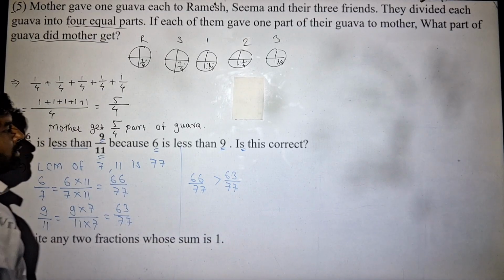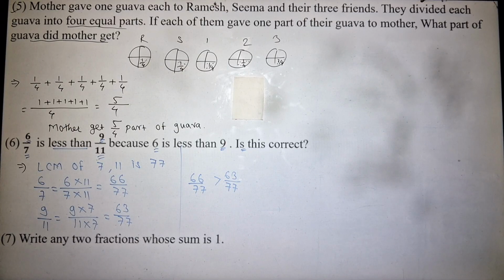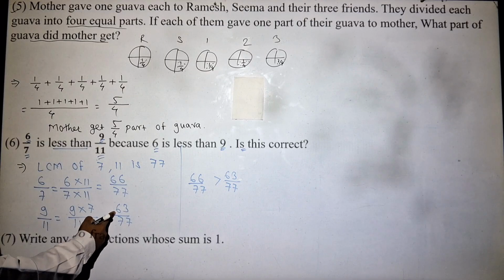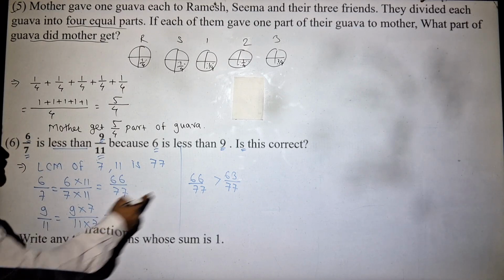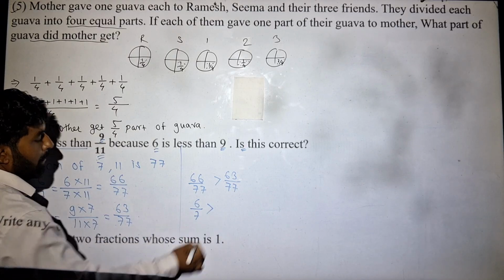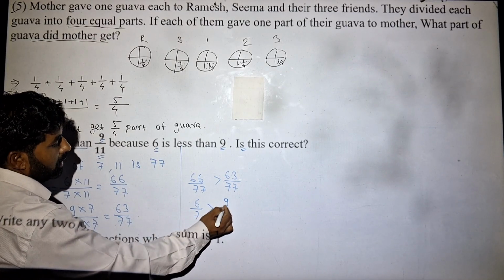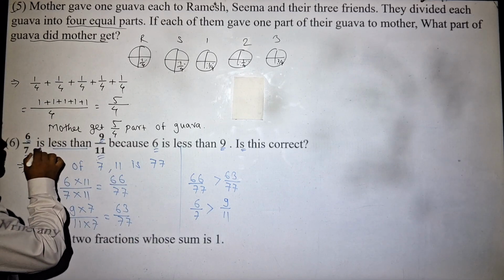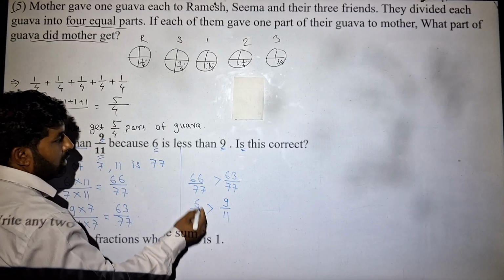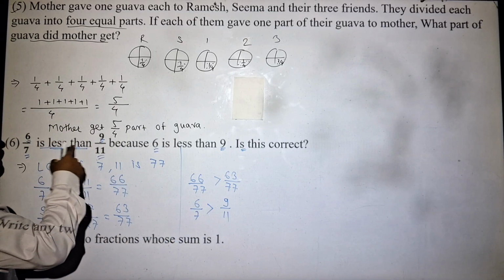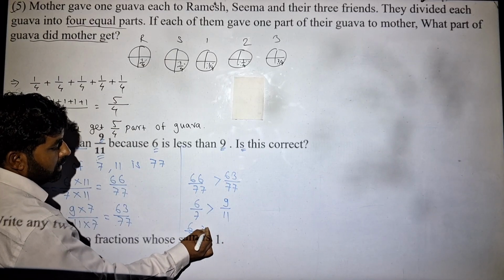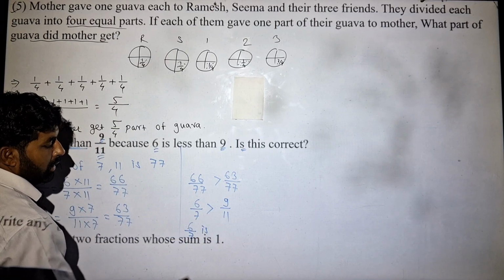That means, observe carefully, here 66 and here 63. Here 66 by 77 means 6 by 7 is greater than 9 by 11. But the question given says 6 by 7 is less than 9 by 11. This is false. Therefore, 6 by 7 is greater than 9 by 11.